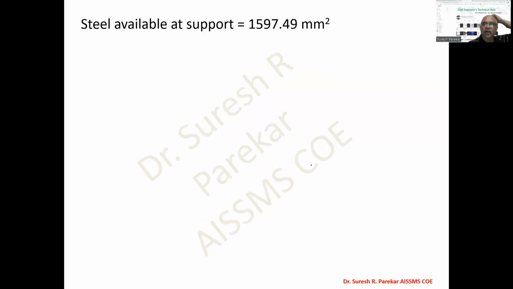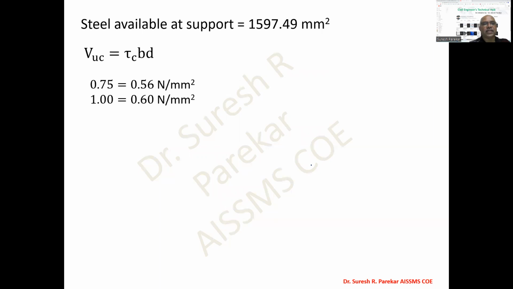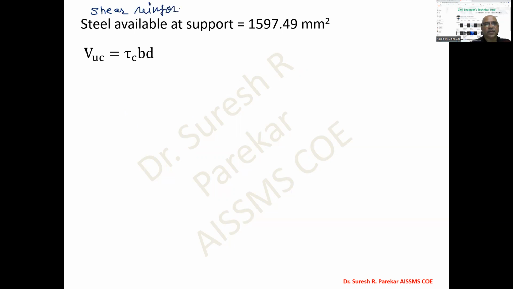Now we will go for the check for shear, or we can say shear reinforcement. Steel available at support is 1597.49, which is 2 bars of 25 plus 1 bar of 28.